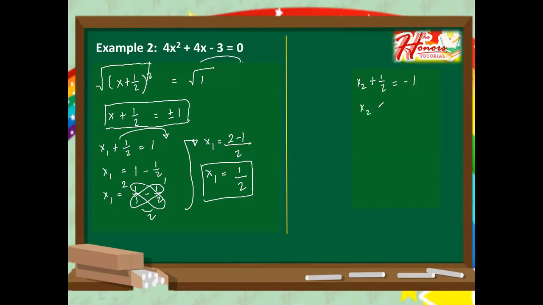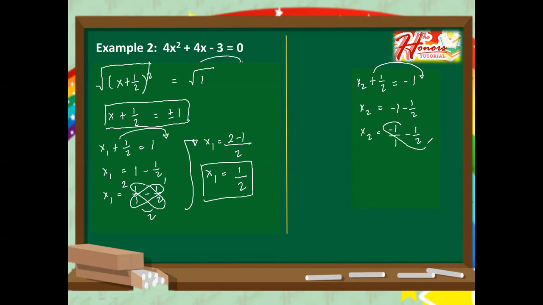So x sub 2 equals negative 1. Transpose positive 1/2 to the right side of the equation. Then it will become negative 1/2. And then same process, I am advising you, if you are not that good in fractions, kindly use the butterfly method. So x sub 2 is equal to negative 1 over 1 minus 1/2.